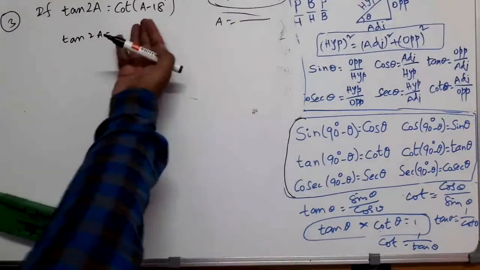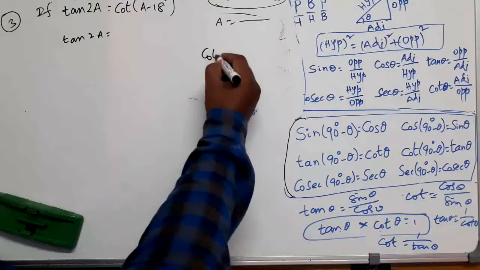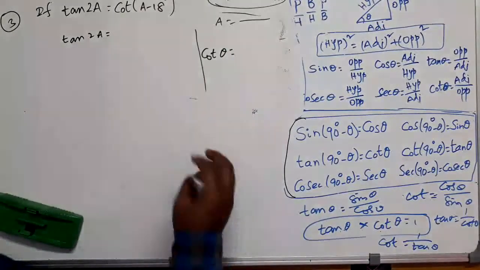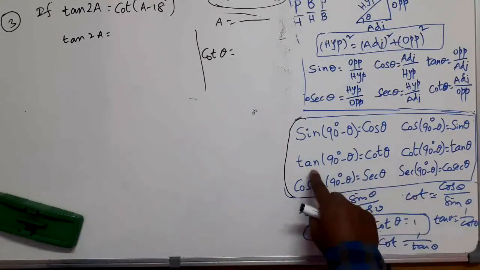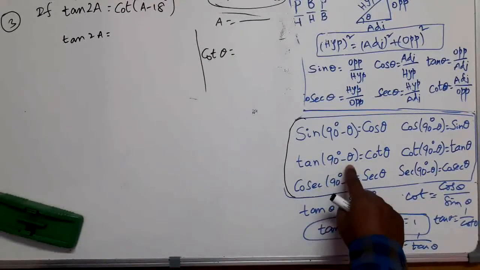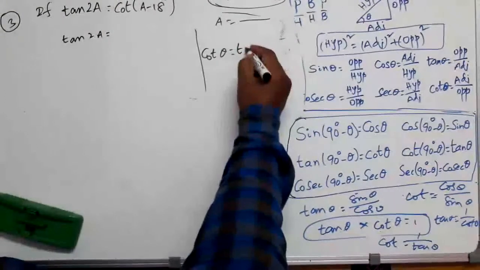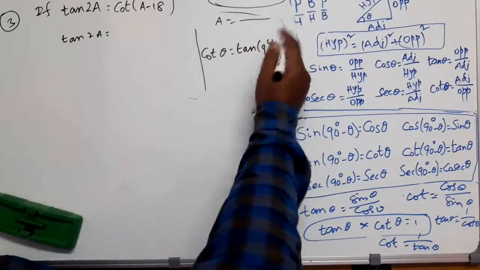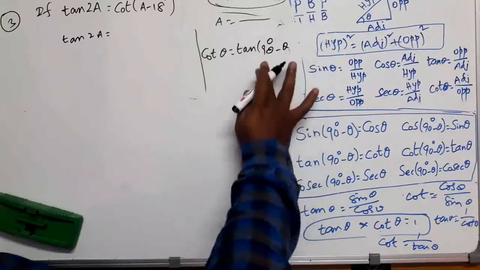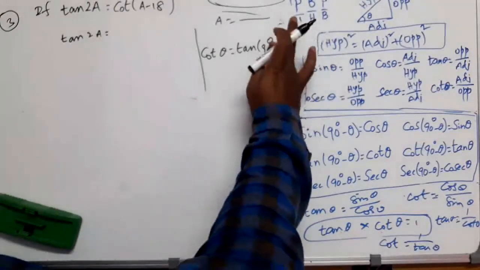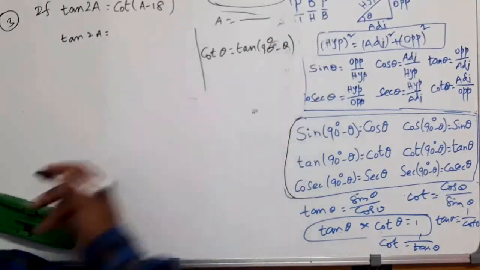This is of the form cot of something. If I have cot theta, what can I write? Cot theta can be written as tan of 90 degrees minus theta.